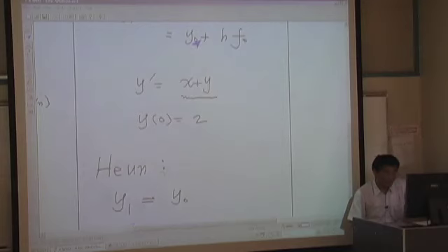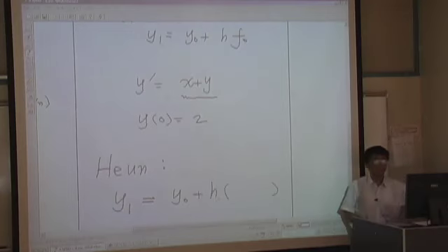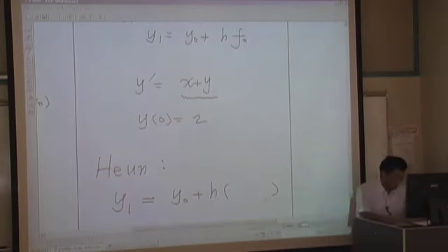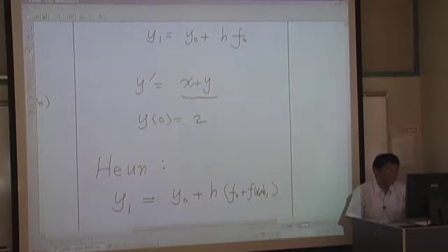So take a look. In the Y1 determination, up to this point is similar, but H, and then instead of F0, we will have F0 plus F of x0 plus h, and then we need space, so I will write x0 plus, y0 plus h f0.